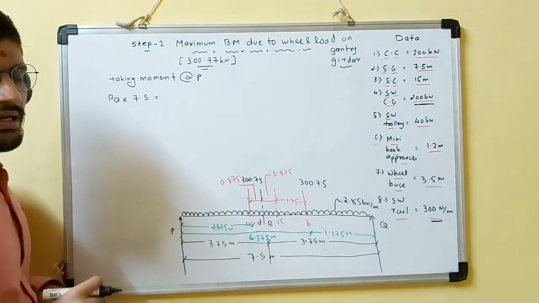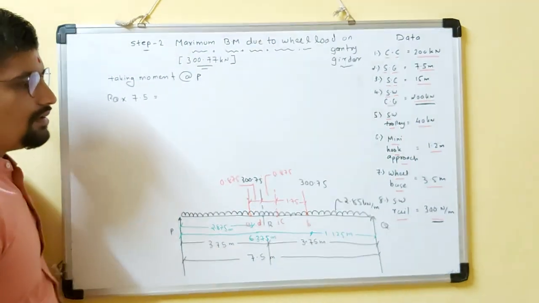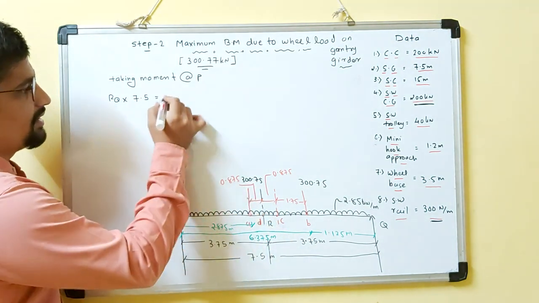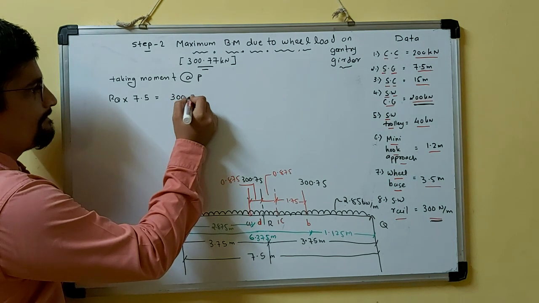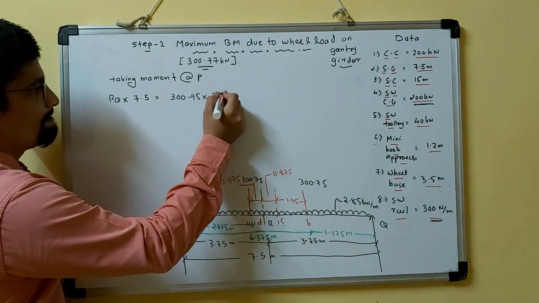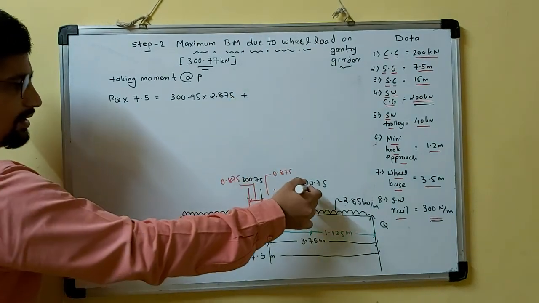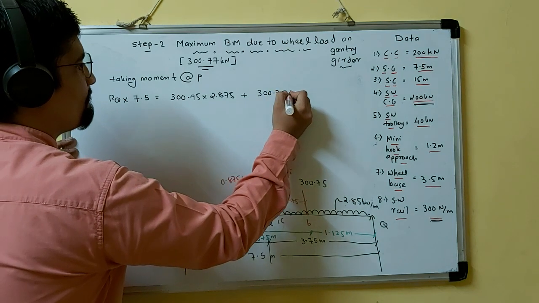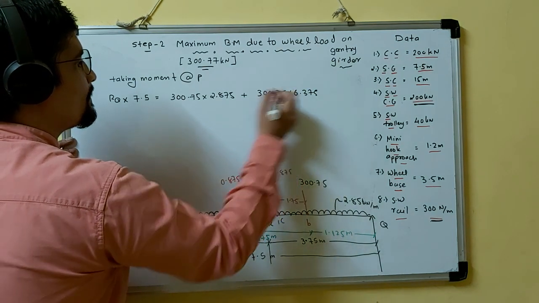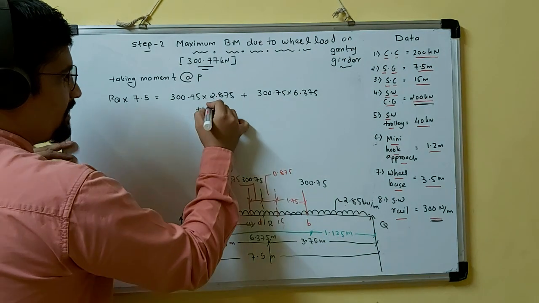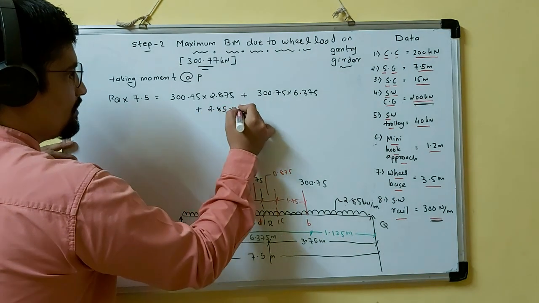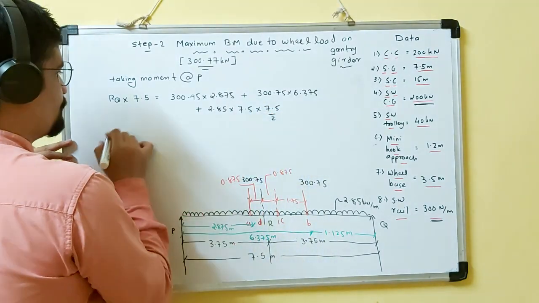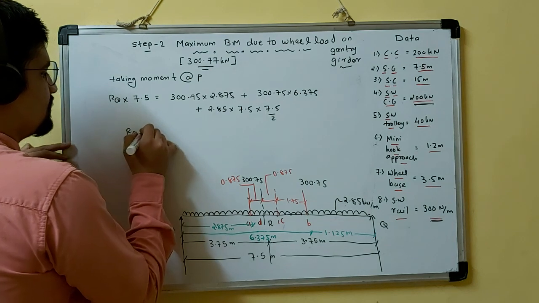The moment is taken at P, so we need to go to the P from each point of the load. So what will be the value of RQ?